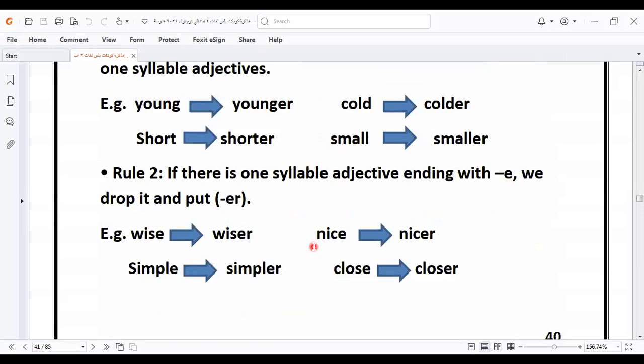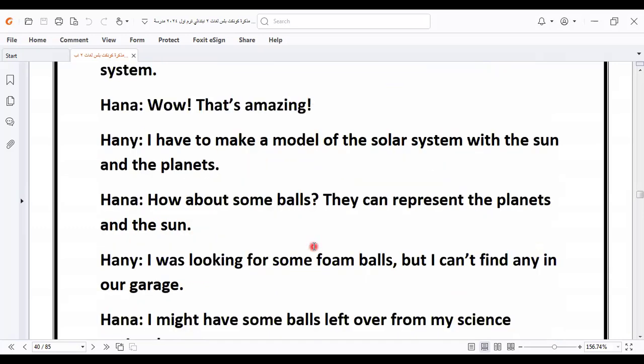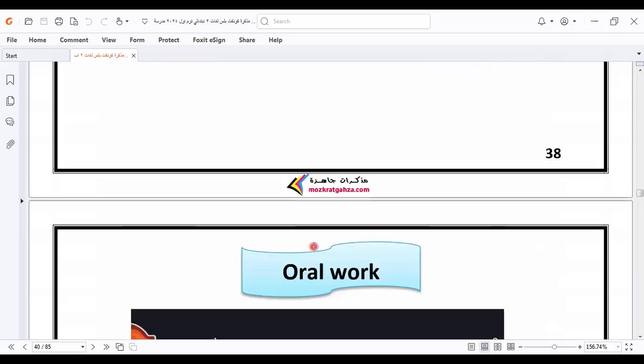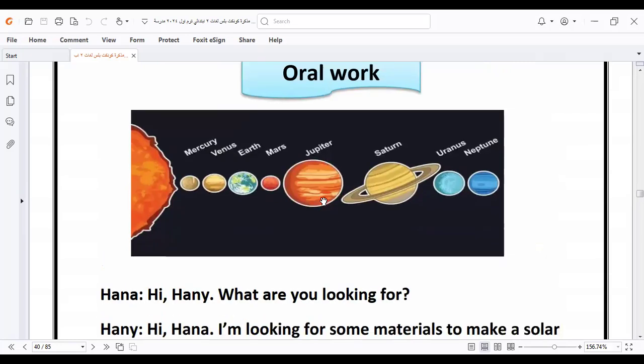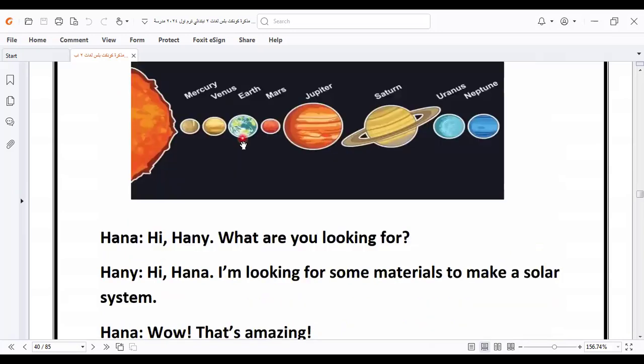Before I answer, I would like to make sure if it's right or wrong. Here Jupiter is gray. Here Jupiter is brown. The Earth is green and blue.